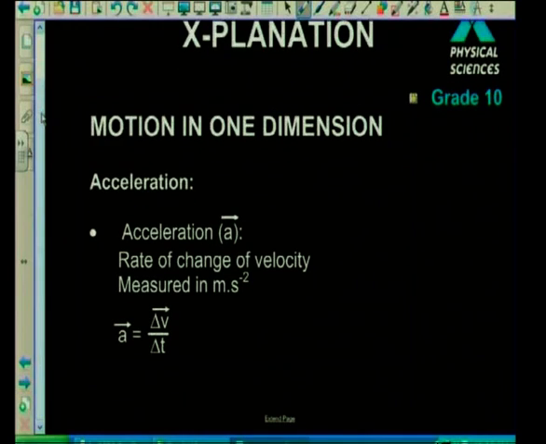Last concept quickly, and then we're going to take a break. Acceleration. Acceleration is the rate of change of velocity. Acceleration is very much a vector, okay? You are often going to get positive acceleration and negative acceleration. Negative acceleration generally will mean that an object is slowing down, but it doesn't have to.